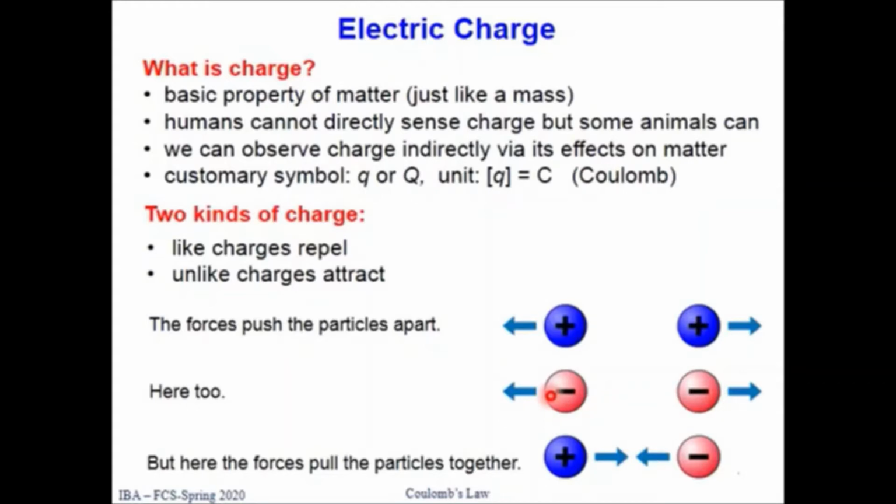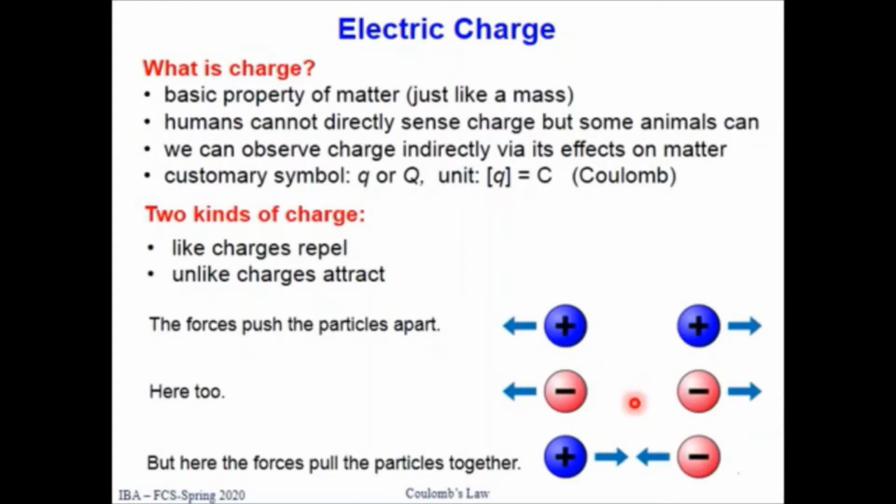The direction of the force vector depends on the sign of the charges. If the particles have the same sign, like positive, positive, or negative, negative, they repel each other. That means the force vector on each is directly away from the other particle. If you release the particles, they accelerate away from each other.